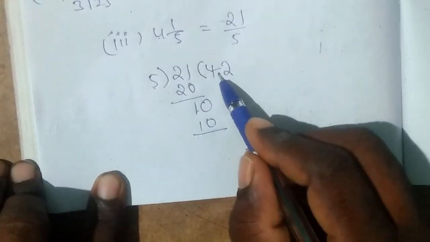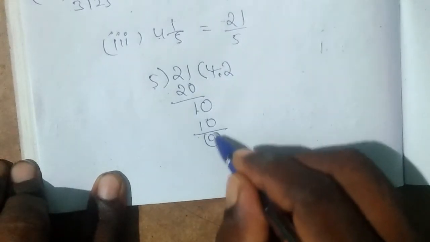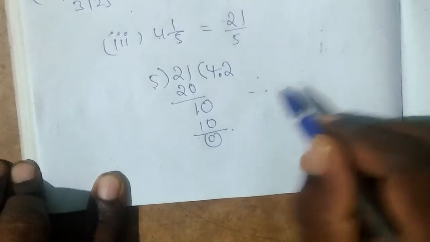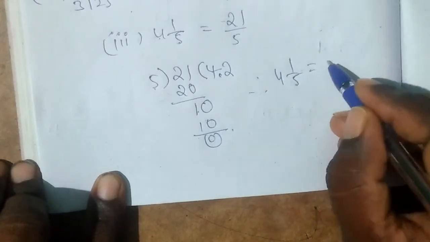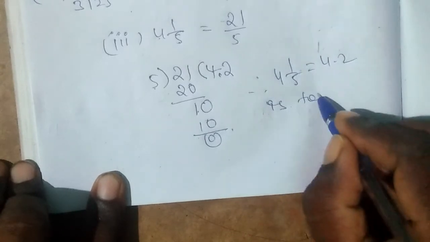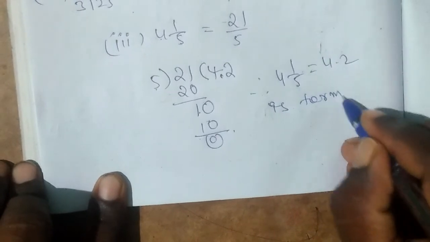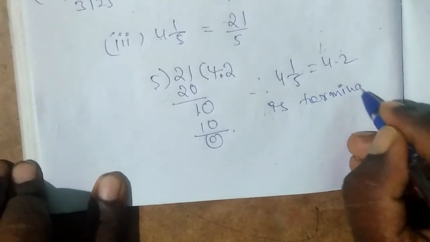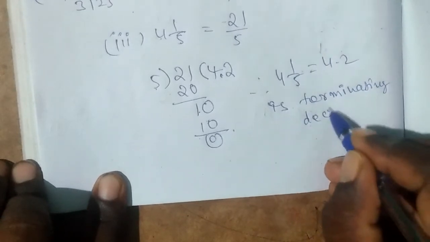So when you keep the point, you get the 0. 5 twos are 10. So therefore 4 1 by 5 is equal to 4.2. Which decimal is it? Very good, terminating decimal.